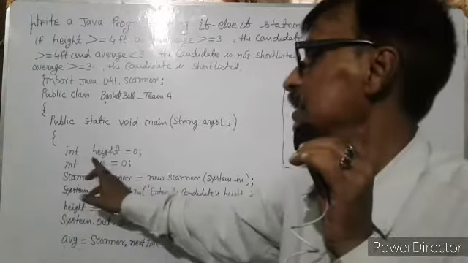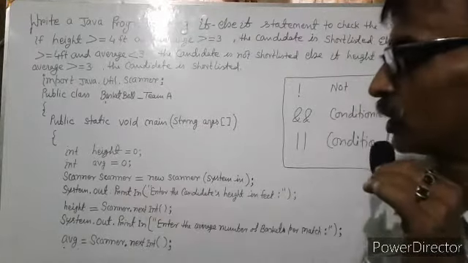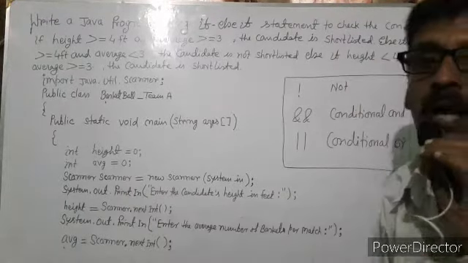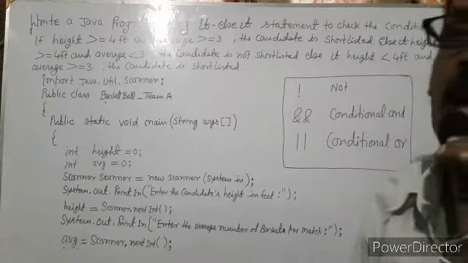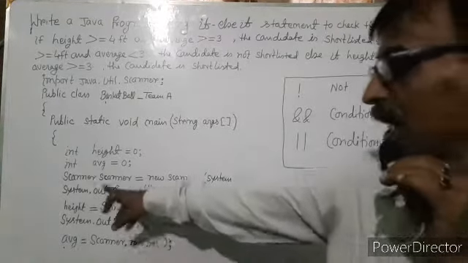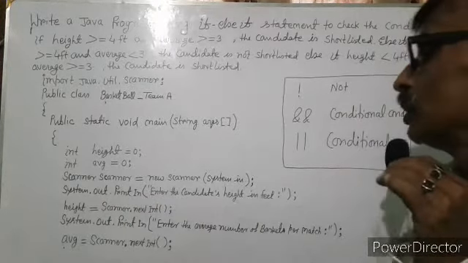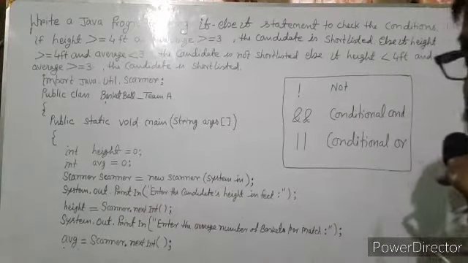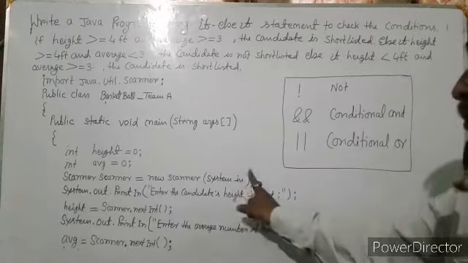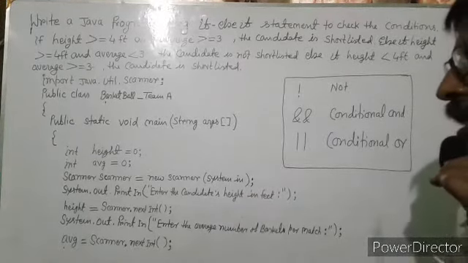Then int avg equals 0 semicolon. The initial value of height and average is 0. Then Scanner equals new Scanner parenthesis begin System.in parenthesis close semicolon.